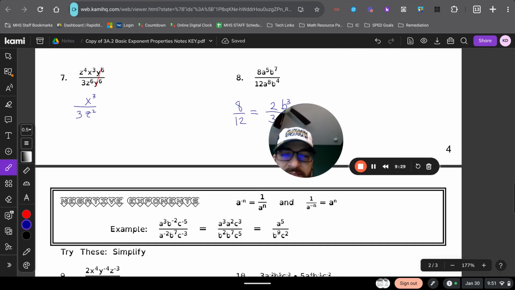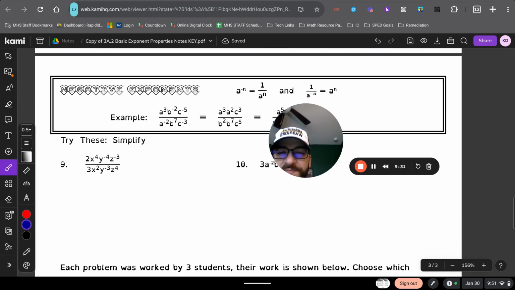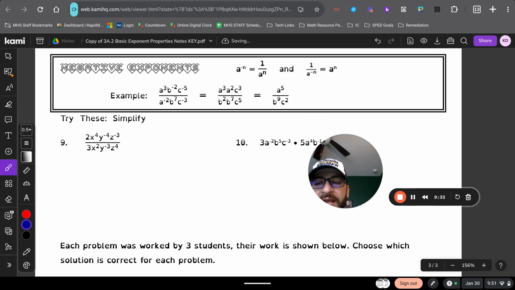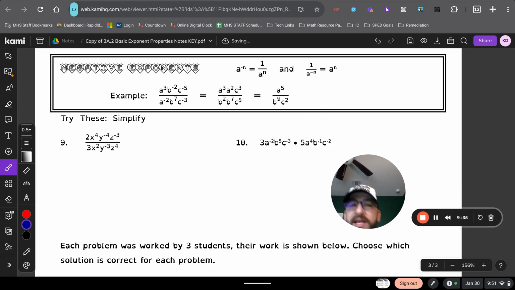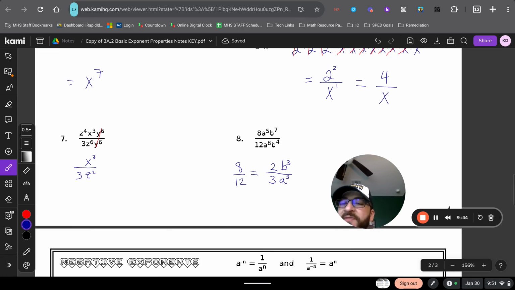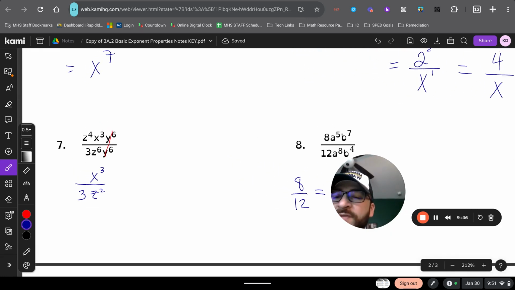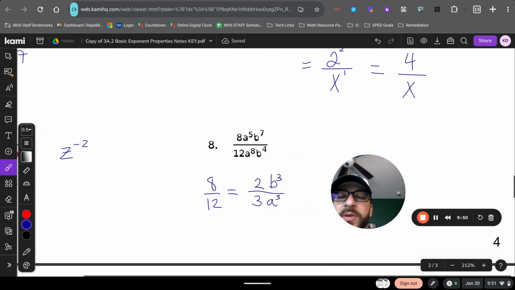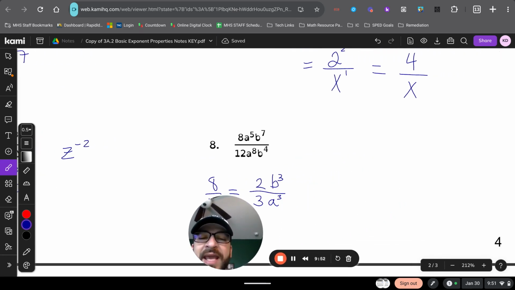The last one that we're going to talk about, and we've already kind of seen it, is what we call our negative exponents. Our negative exponents occur when we have a to some negative power. Like when we were talking over here, when we do z to the 4th over z to the 6th, we do get z to the negative 2. And when we do a to the 5th over a to the 8th, we do get a to the negative 3.